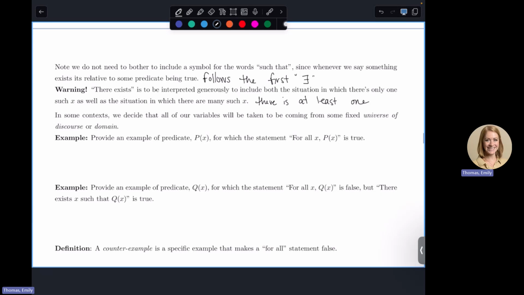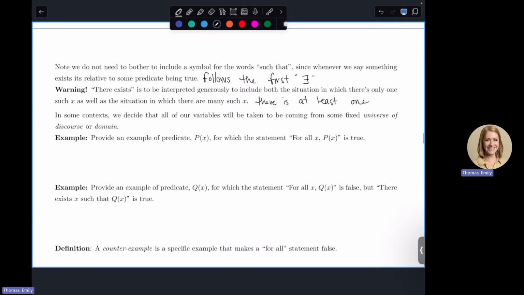I have an example that's not creative at all, but maybe you guys can help me come up with a creative example. So we want to provide an example of the predicate P of x where the statement for all x, P of x is true. For example, x is equal to x. You can choose what you want.